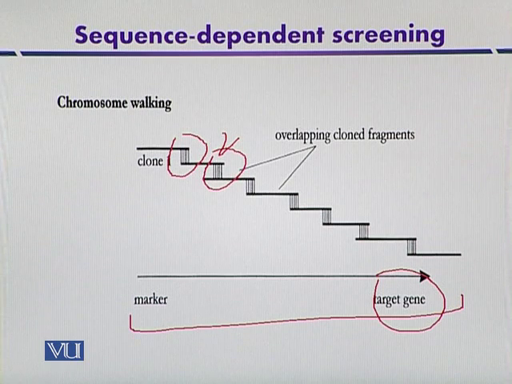So because of its overlapping ends, each fragment can be used as a probe to detect the next fragment. In this way we can move along the whole length of the chromosome, and because of this, the technique is called chromosome walking.